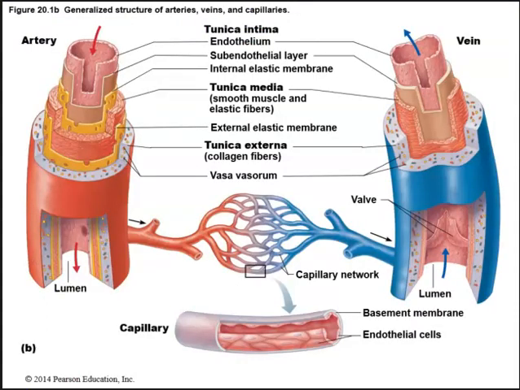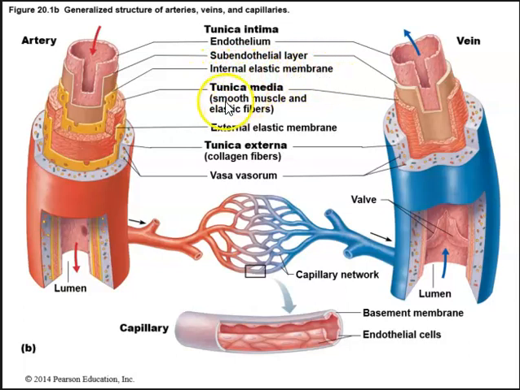And here we see the generalized structures of arteries, veins, and capillaries. So arteries, again, being the blood vessels that carry blood away from the heart. We see the three layers. We see the tunica intima with the innermost layer, the endothelium. Below that layer is that subendothelial layer. And then around that would be the internal elastic membrane.